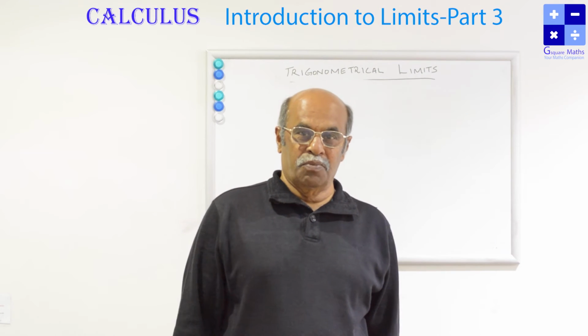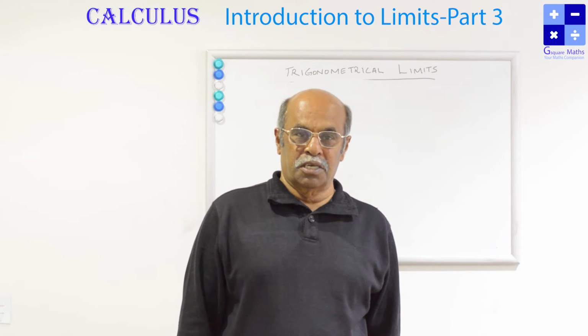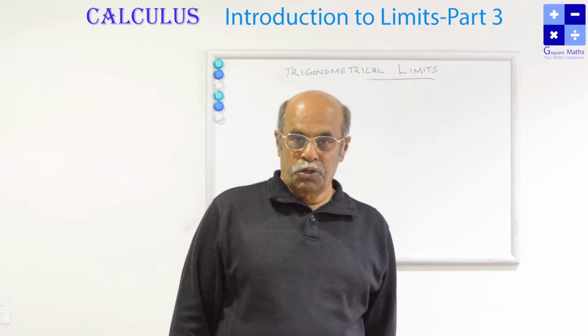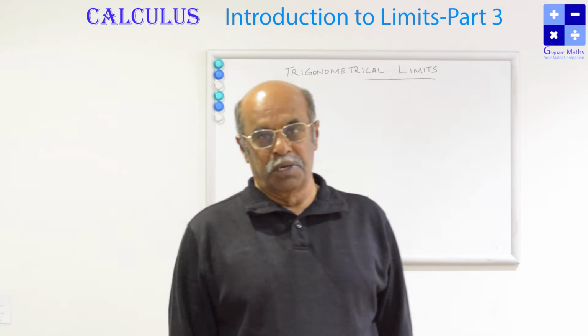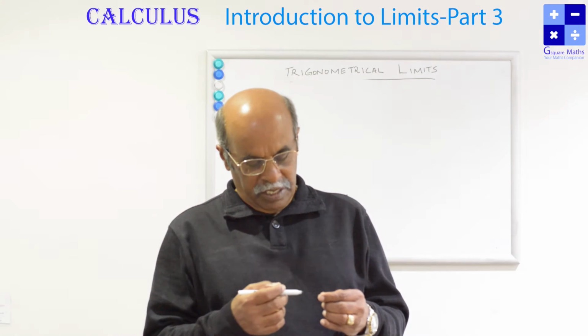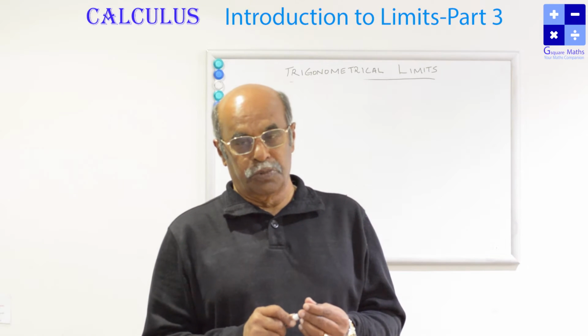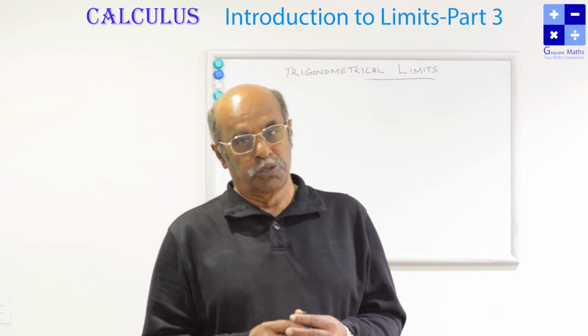After the very important theorem in trigonometrical limits, that is limit theta tends to 0 of sin theta by theta is 1, we are going to do some trigonometrical problems and see how to evaluate them. The first method, as we already studied in algebraic expressions, is direct substitution.